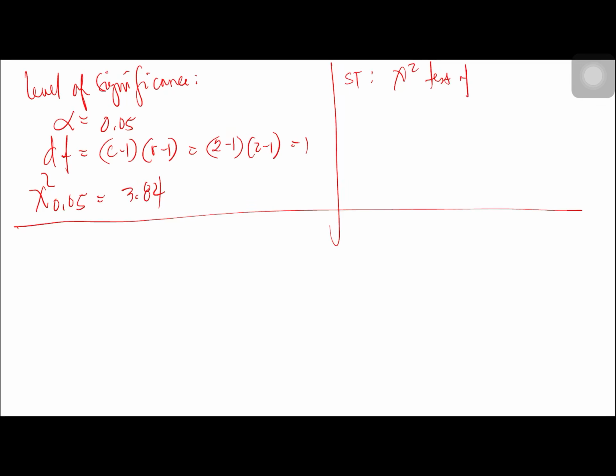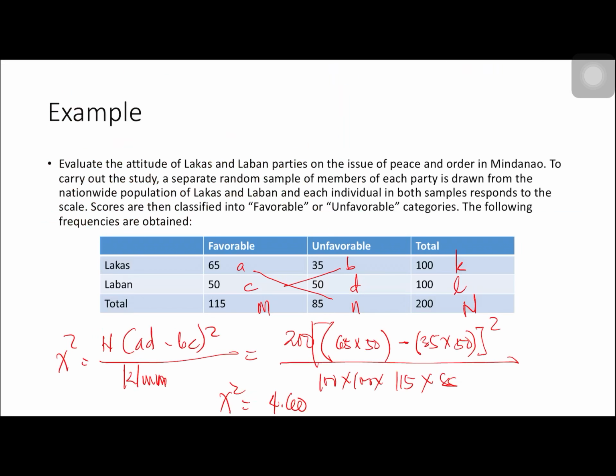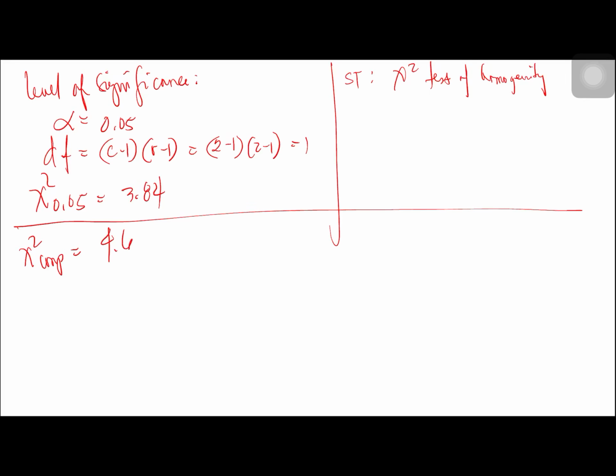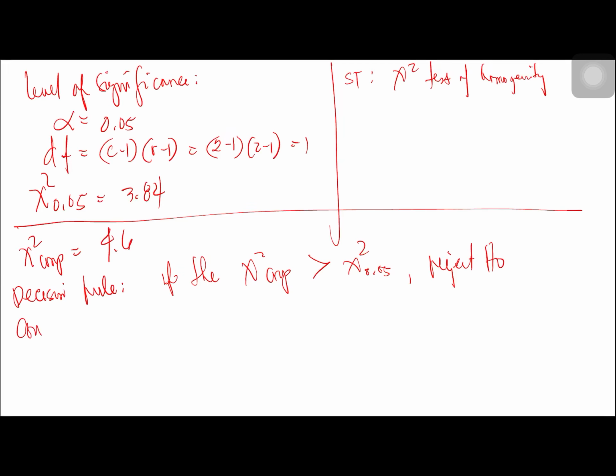So, our statistical treatment, we have there chi-square test of homogeneity. Okay, so for the computation, we have already done that, and our computed value of chi-square is equal to 4.6. Okay, so again, for the decision rule, if the chi-square computed value is greater than chi-square at 0.05, or the tabular value of chi-square, we reject H0.